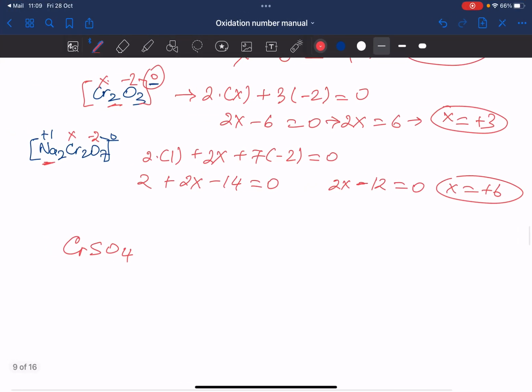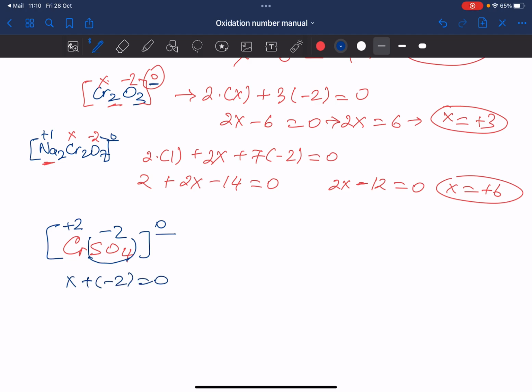The whole thing adds up to 0, and the sulfate is -2. You see there's only one sulfate, SO4, and this guy needs to add up to 0. So this is going to be +2. You can put X plus -2 equals 0, X is +2, or you can just say it's +2 because this is -2 and they add up to 0. Okay, so we have that.